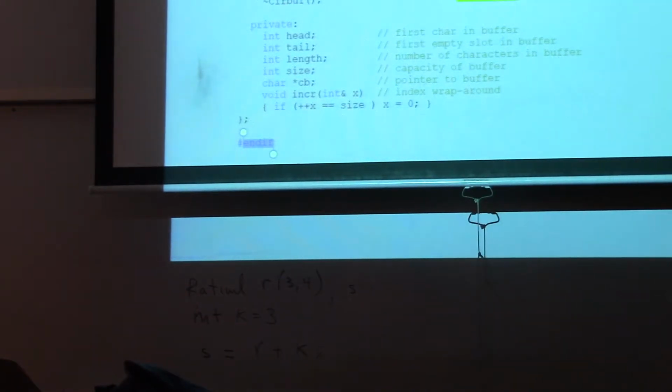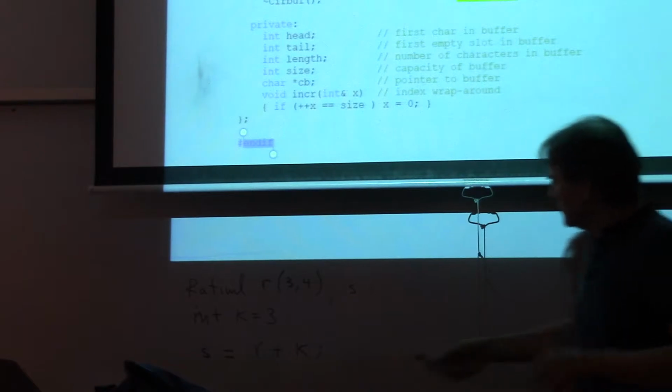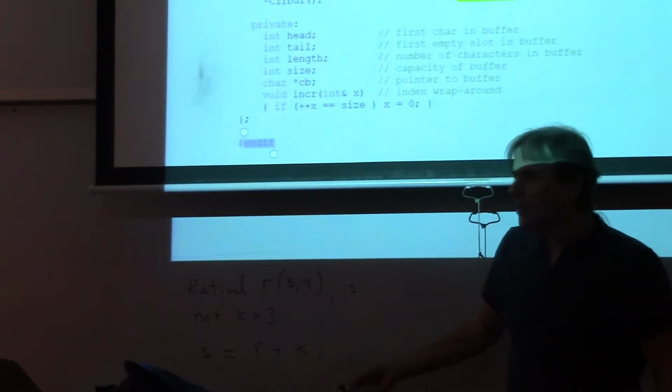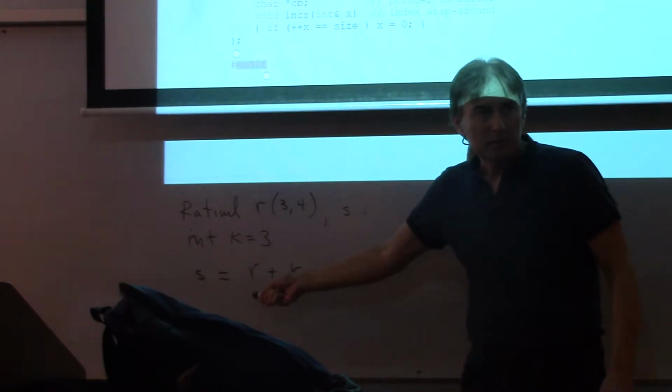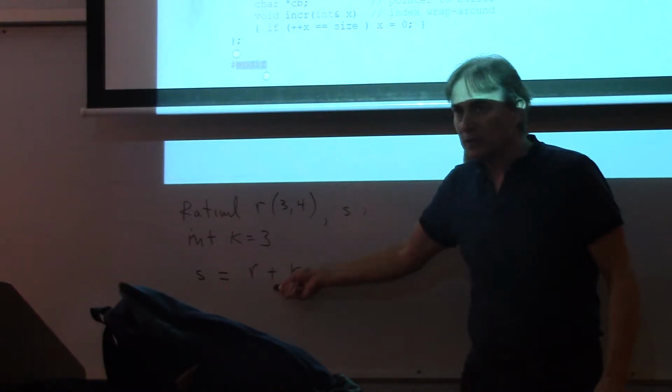So logically speaking, it's very clear what I'm trying to do. I'm trying to take my rational 3/4, add 3 to it, and come out with a rational sum. However, this would require, from what we've done before, to overload which operator? The plus operator for which type?